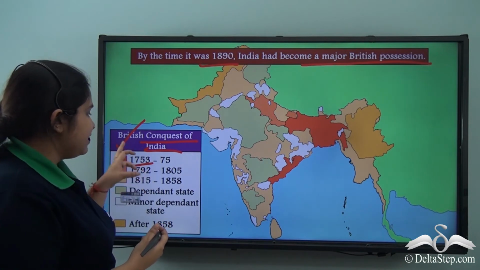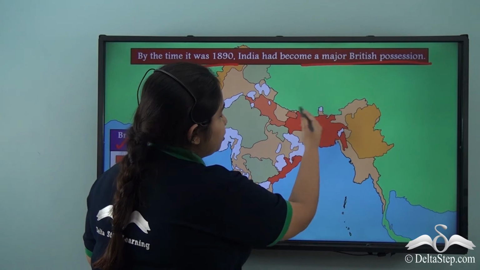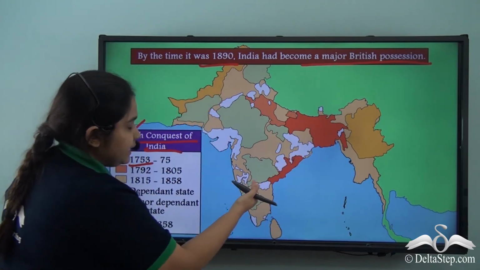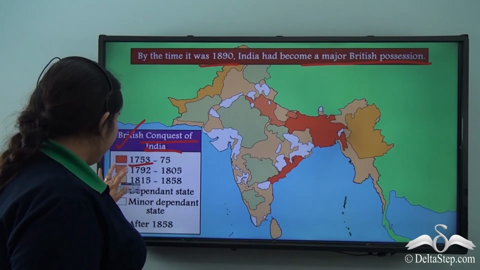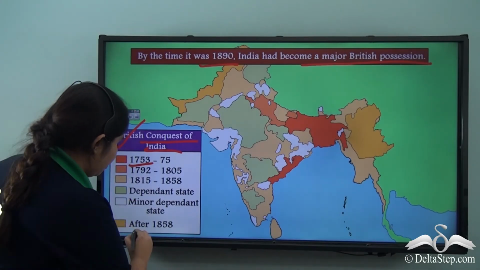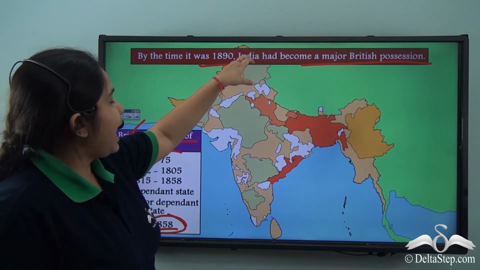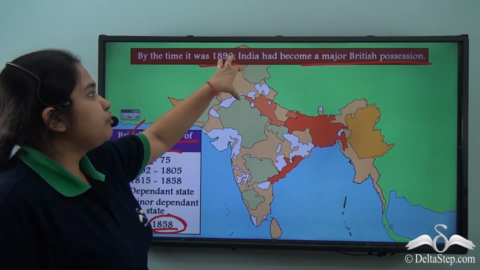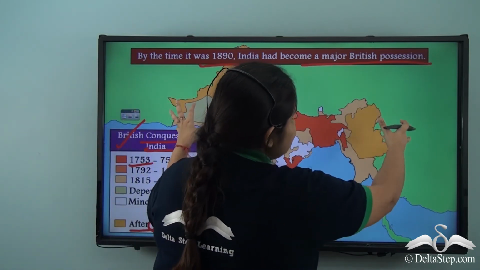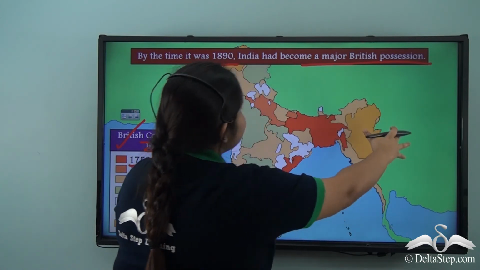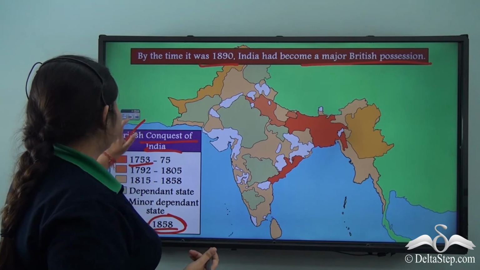From 1753, it started out from these very small places, so portions of Bengal, portions in the eastern coastal zones. And from there it went to 1858, where it also had all the portions of the northwest frontier province as well as the eastern side, the two extremes of India and the entirety of India.